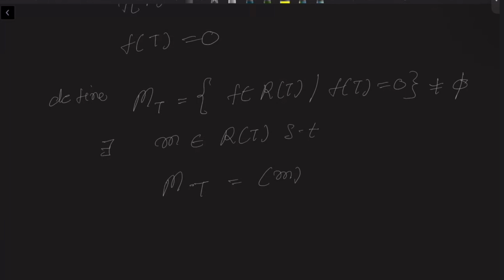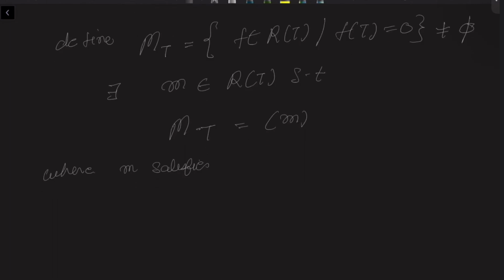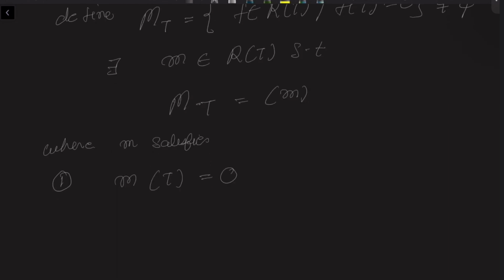And since it is non-empty, we just saw, it means there exists some small m such that all the other functions will be a scalar multiple of it, or can be generated by this small m, where m satisfies some properties. Number 1: the first property is that m should be a member of M(T), that is, m of T should be the zero operator. This is called the annihilating polynomial.